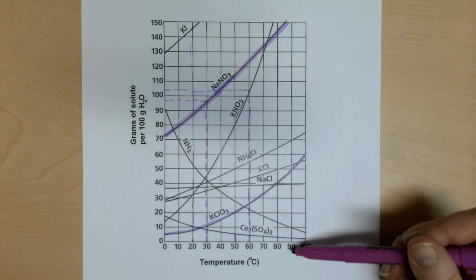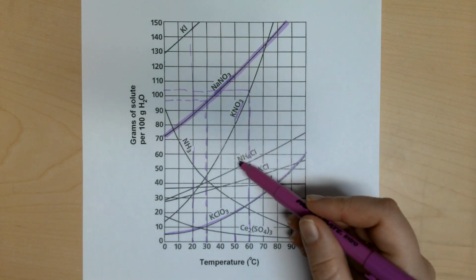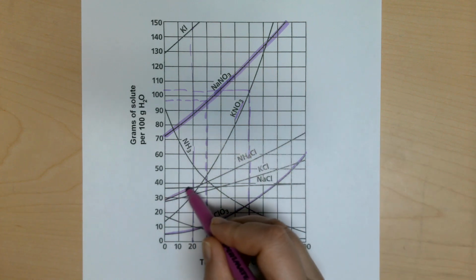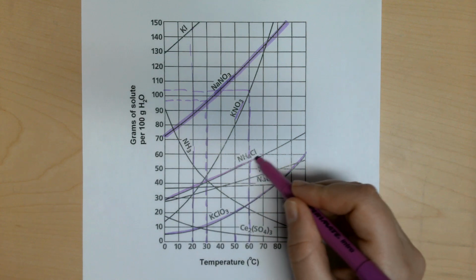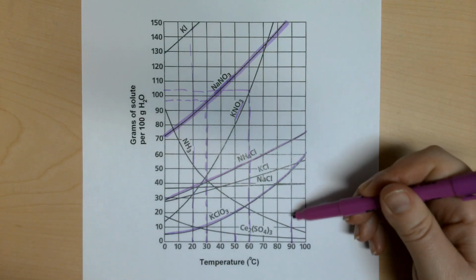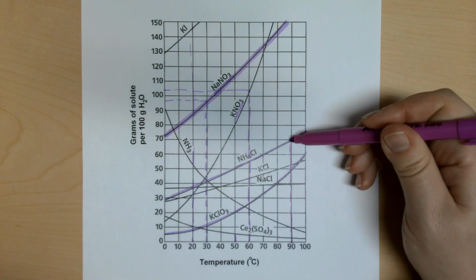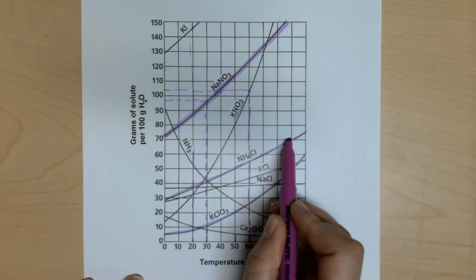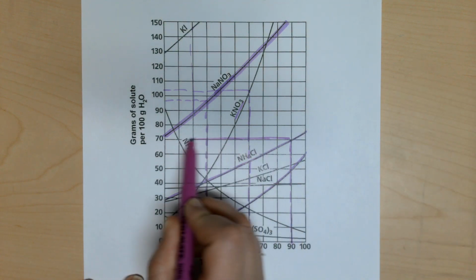Let's try another one. At 90 degrees, how much ammonium chloride could I dissolve? This is ammonium chloride. So here's the curve I'm trying to match. I'm going to go 90 degrees until I line up with that curve. I'm going to hit the line and I'm going to turn towards the y-axis.